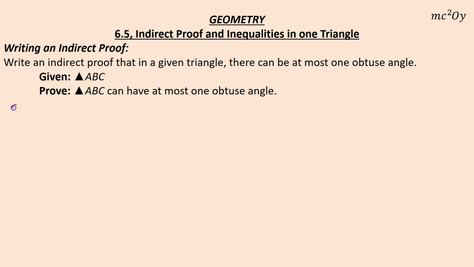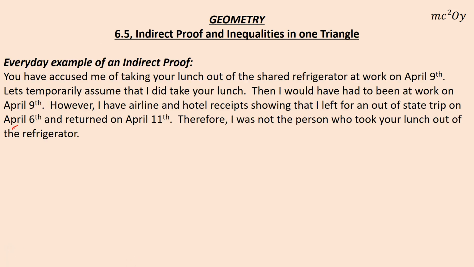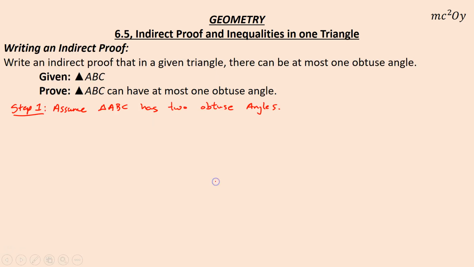So let's say step 1, let's assume triangle ABC has 2 obtuse angles. All right, and I do some abbreviating as we go.